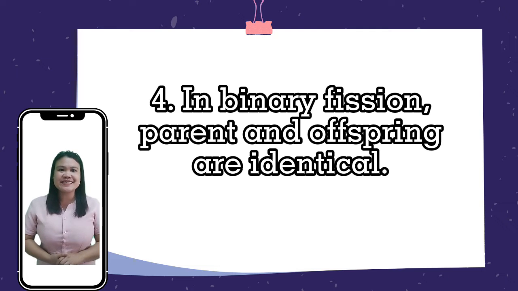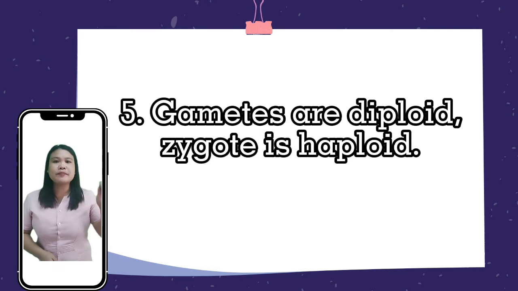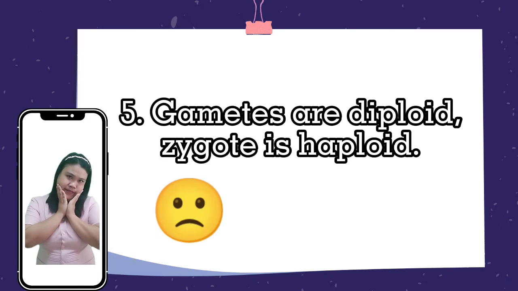The answer is a happy face. Number 5. Gametes are diploid, zygote is haploid. The answer is a sad face. Did you get all the correct answers?